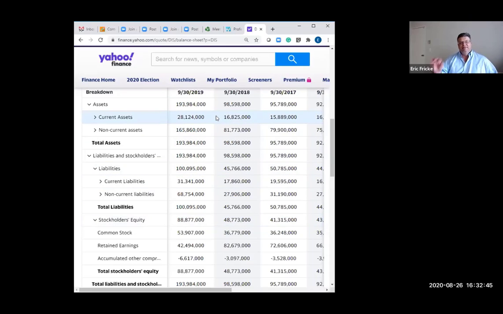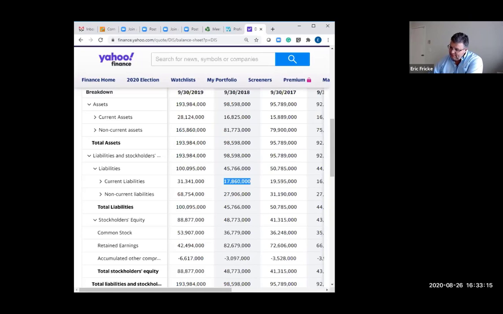Now remember we have to look at the increase in working capital, so we have to look at the previous year. The previous year had current assets of 16.8 million and current liabilities of 17.8. So what's the working capital for that year? I'm going to have to write this down, and I think you might have to write it down as well. That looks to be about negative $1 million.